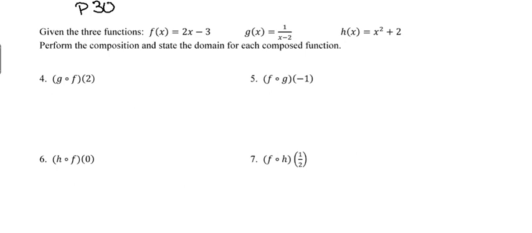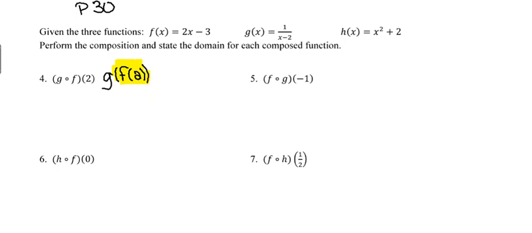So this g of f of 2, I'm really going to rewrite using the parentheses, and that becomes g of f of 2. Here's why I like the parentheses: as mathematicians, we all know that we need to start in parentheses first. So when this composition is written using the parentheses, it becomes pretty clear to me that my starting point is going to be to find f of 2.